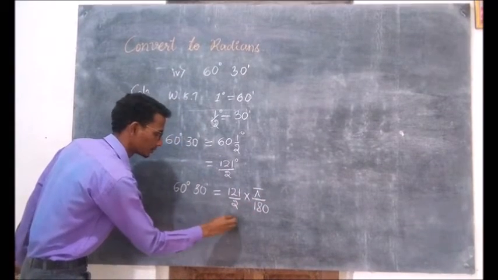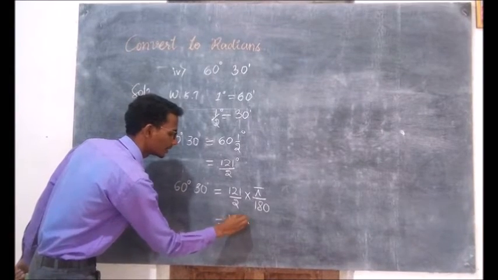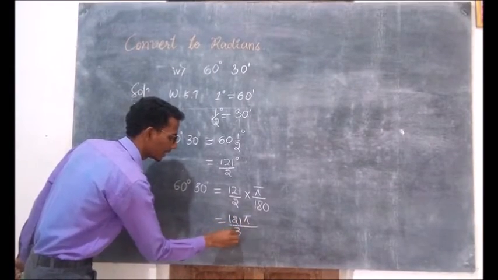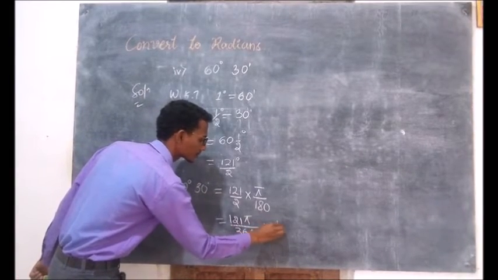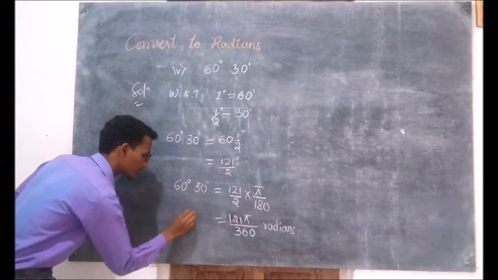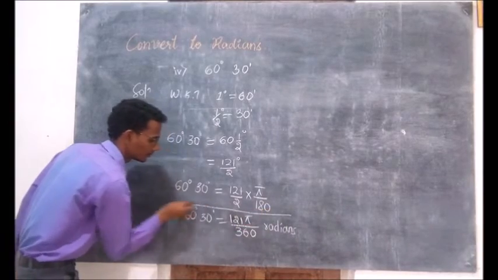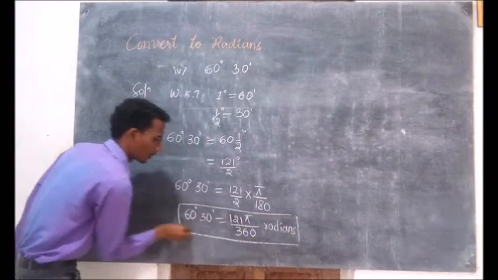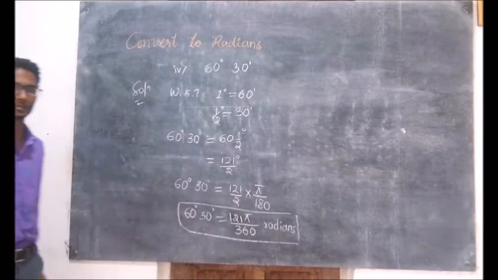So that is equal to 121 pi divided by 360 radians. So hence 60 degrees 30 minutes is equal to 121 pi by 360 radians.